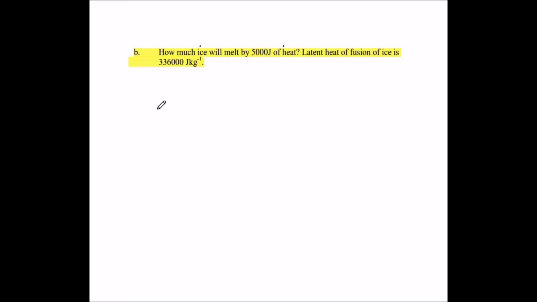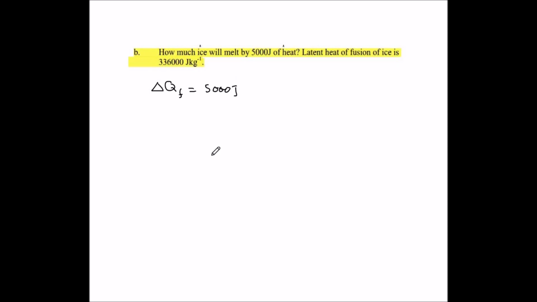So what type of information do we have here? We have energy supplied, so you write it with delta Q, and when you write F, that means this is energy supplied in a fusion process. It is given as 5000.